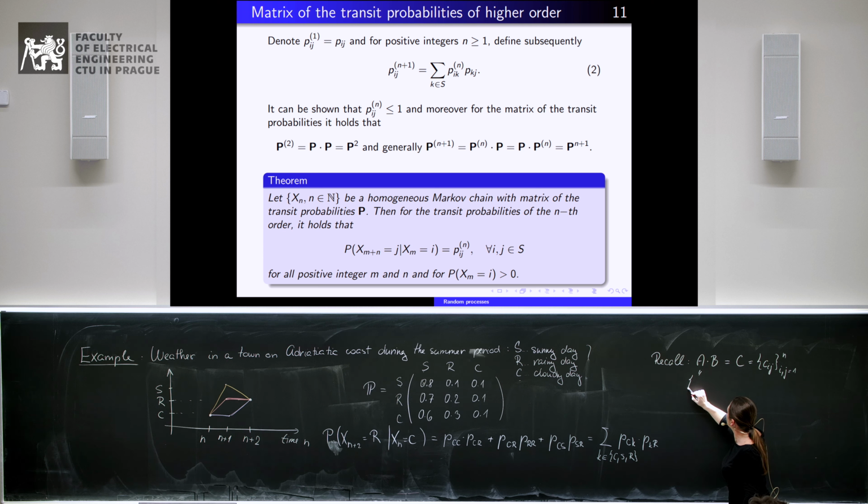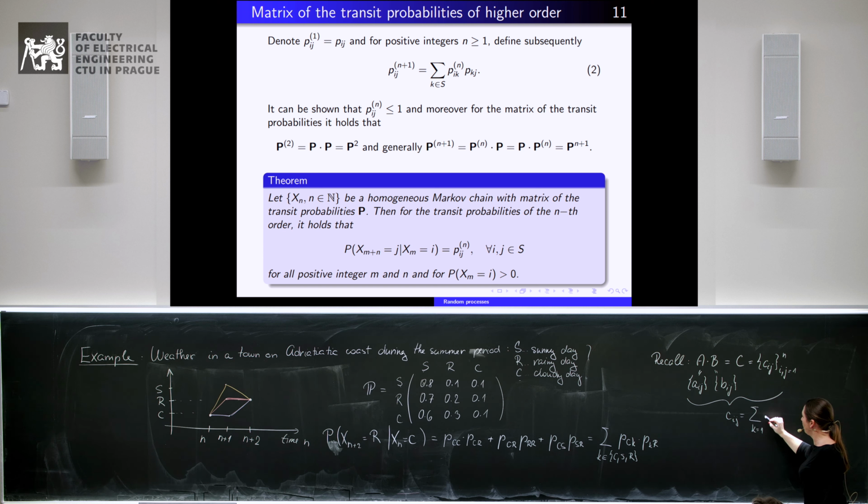And if we denote the elements of A as Aij and the elements of B as Bij, the elements Cij are given by the sum over all k from 1 to n of the product Aik times Bkj. So, what does it mean?